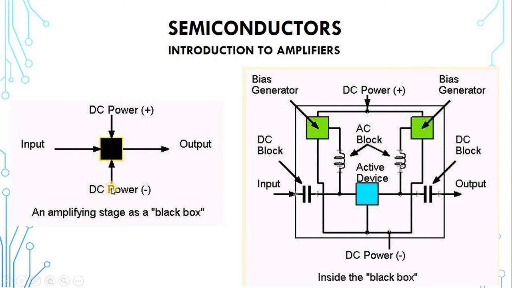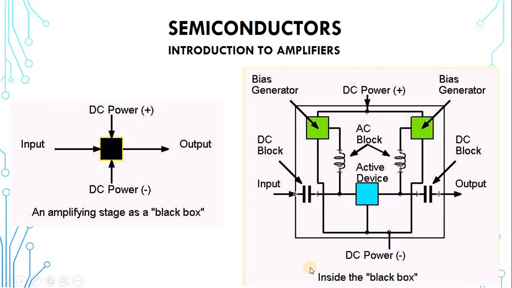The power supply is what helps the operation of the transistor, which is what we'll be looking at when we get here. And we also have the input signal. Assuming it is, let's say, an audio amplifier, it means that the input will be an audio input, and then it gives us a louder output, making use of the power supply.